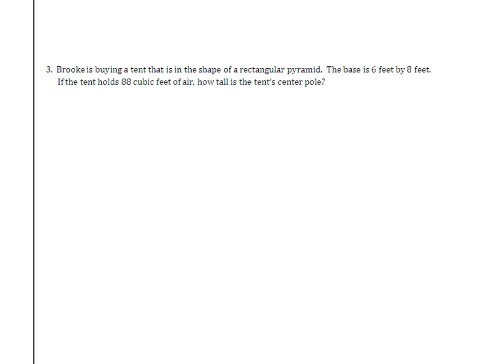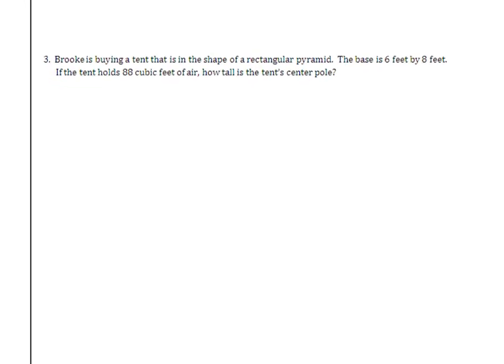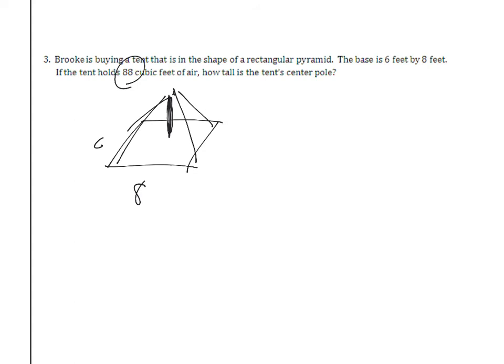All right, so you're buying a tent in the shape of a rectangular pyramid. The base is 6 by 8. The tent holds 88 cubic feet of air. How tall is this center pole? Okay, so my volume is 1/3 area of the base times the height. So I know this is 88.